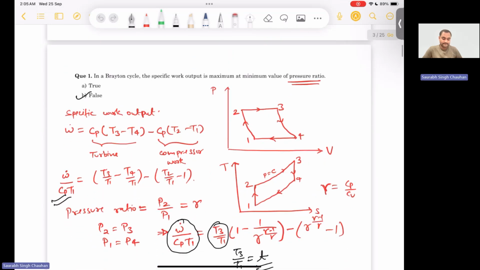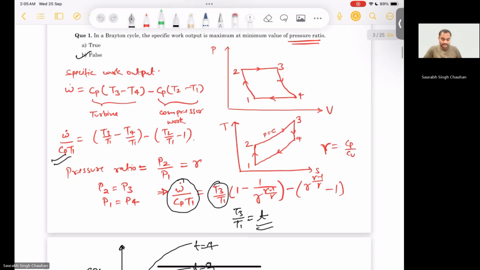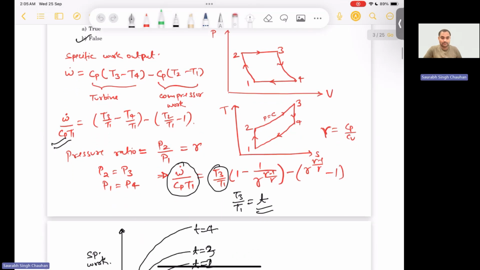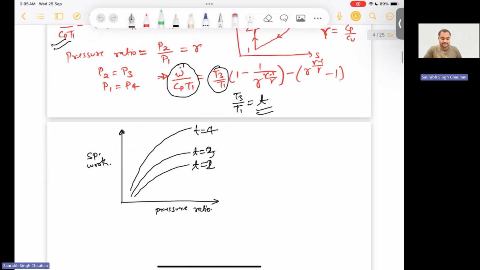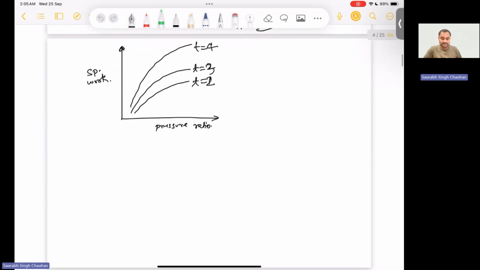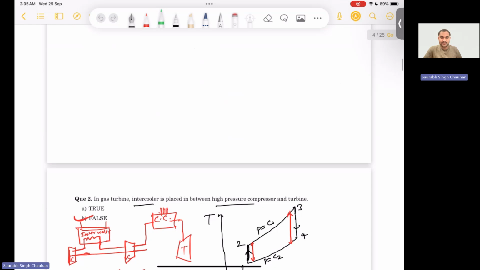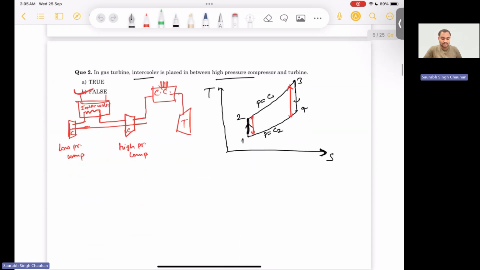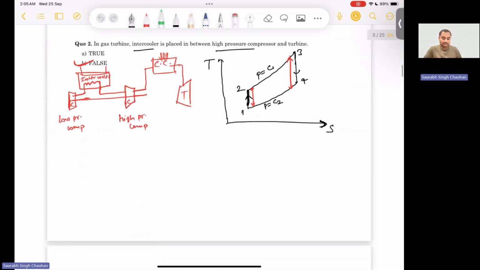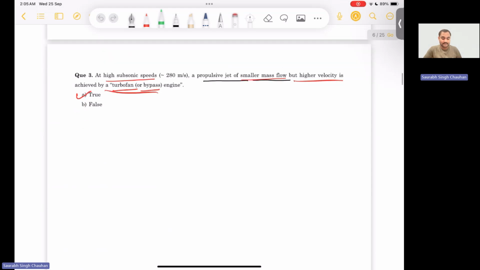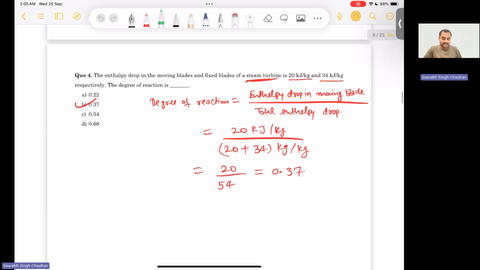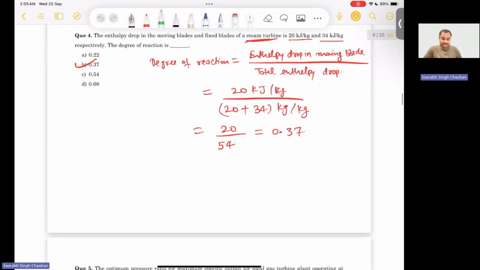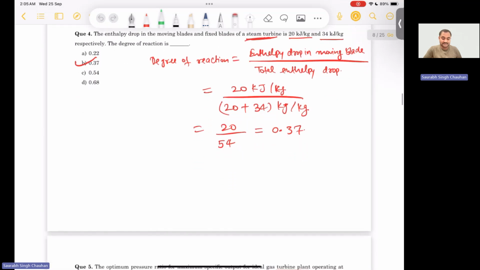So we have seen the specific work output, then how to write this specific work output in terms of pressure ratio, how this specific work output depends on pressure ratio, then how to find the maximum specific work output, then why we use an intercooler, what is the effect of the intercooler, then the difference between turbofan and turbojet. Then we discussed one question related to steam turbines' degree of reaction.